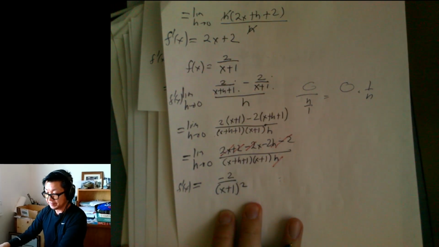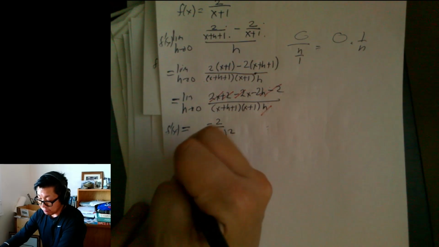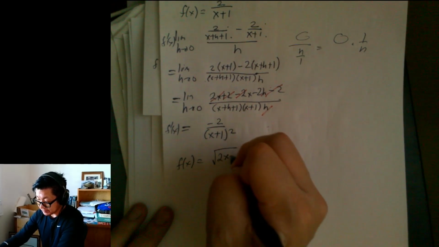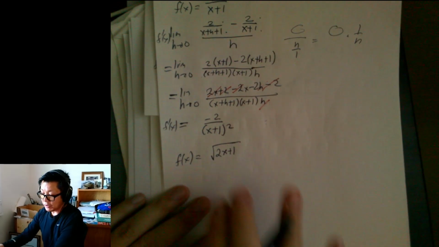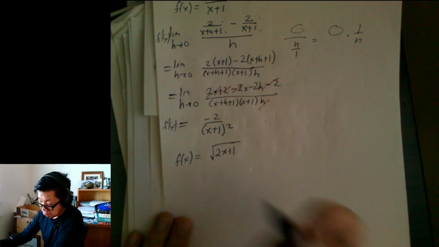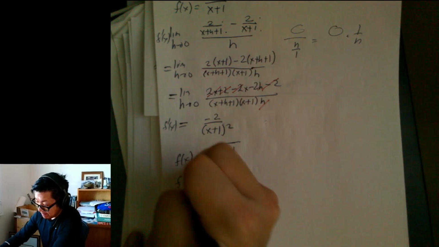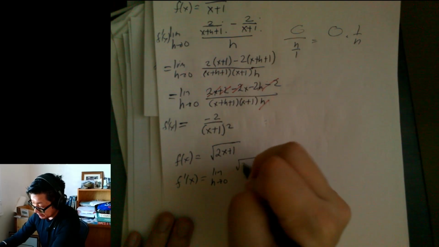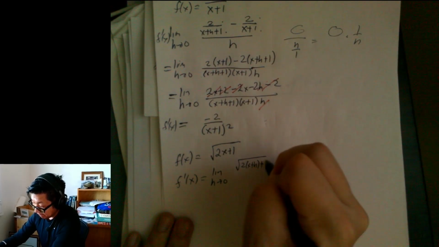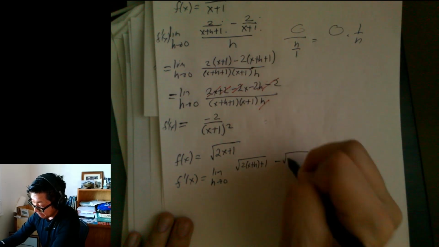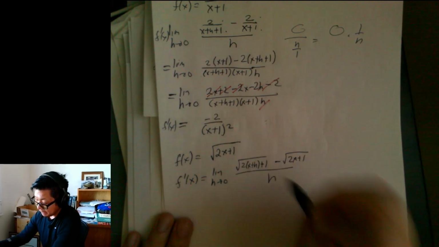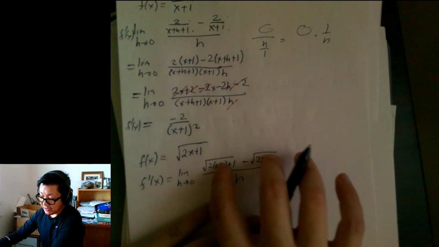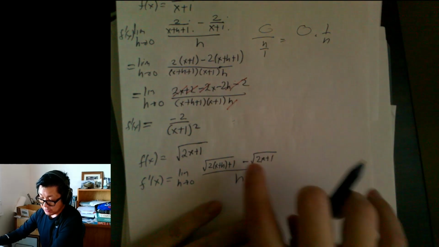If your function is a radical, then what you're going to need to do is you will apply the limit, and the technique now is to multiply the top and the bottom by its conjugate, essentially. So you reverse the sign here.